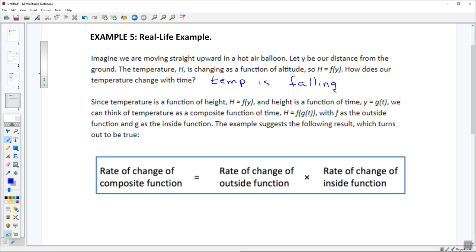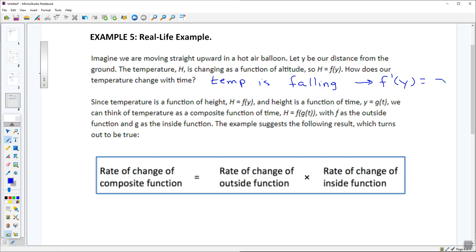Which would imply that if H is equal to F of Y, the temperature at a certain altitude Y, then F prime of Y would be a positive or a negative value? Temperature's falling, so the rate of change is decreasing. Negative.